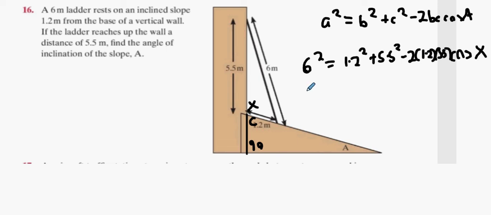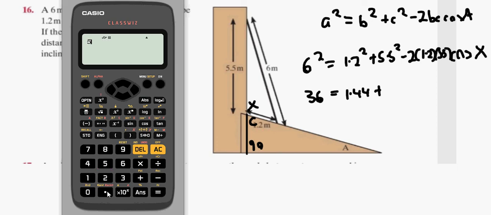Okay, 6 squared is 36. 1.2 squared is 1.44. 5.5 squared is 27.5, is it? Or 27.25? I'll do it here. Oh, sorry, I'm wrong. 30.25.